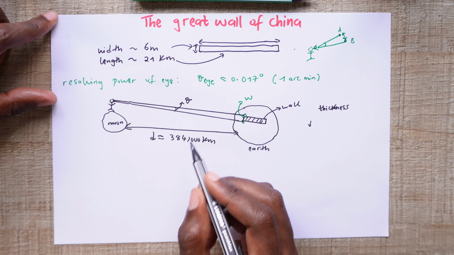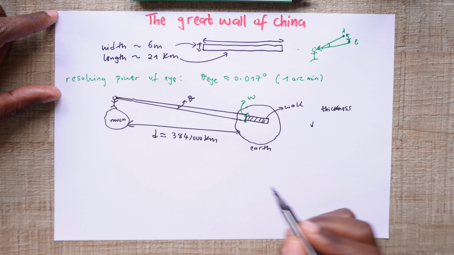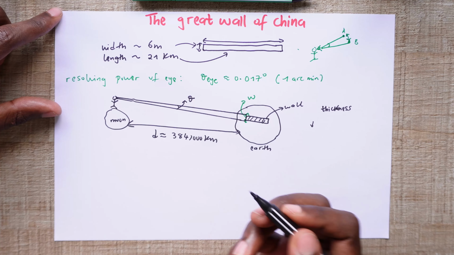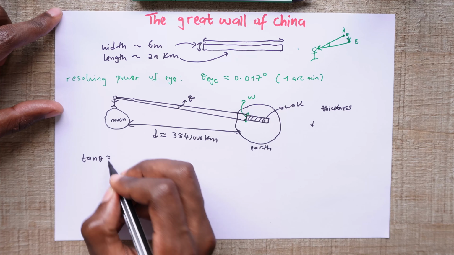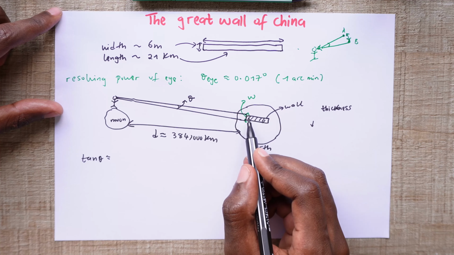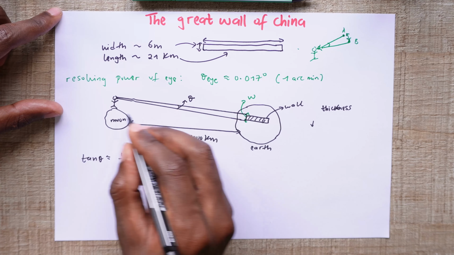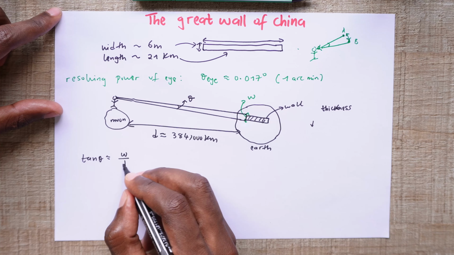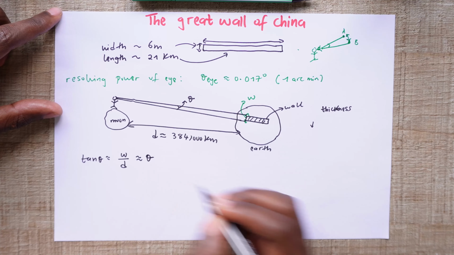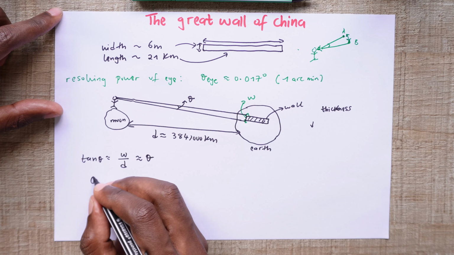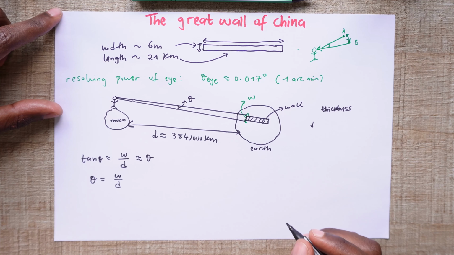So let's calculate theta, which is the angular size of the width of the wall as seen from the Moon. We can just use a trigonometric approximation, which is that the tangent of theta, okay, if theta is small, then the tangent is approximately equal to the width divided by the distance between the two points, which is d. And for small angles, tan theta is approximately equal to theta. So theta here can be calculated as W over d.